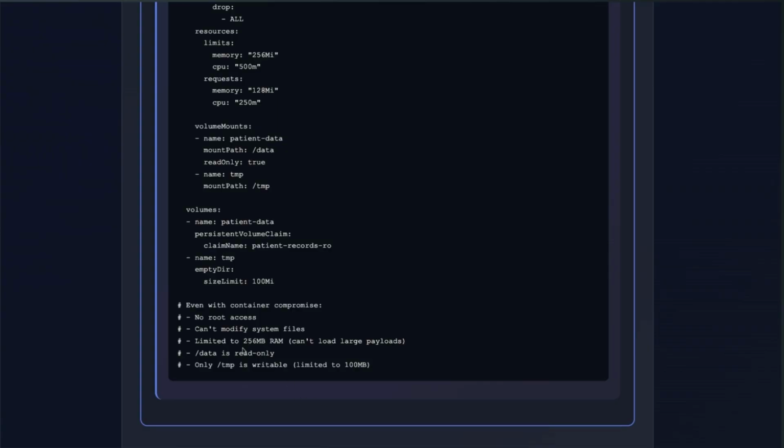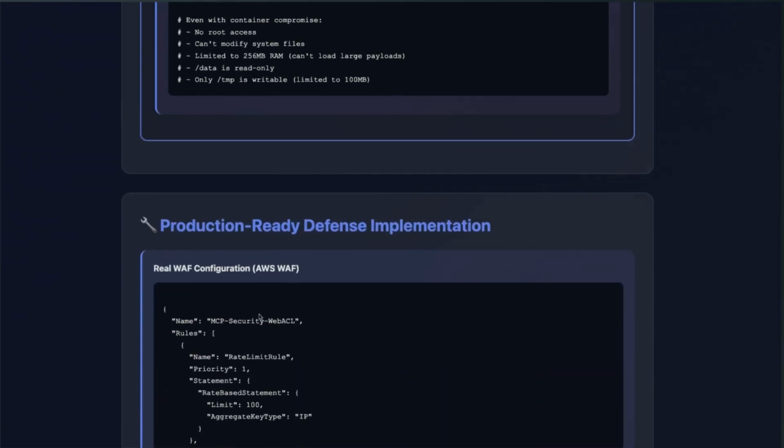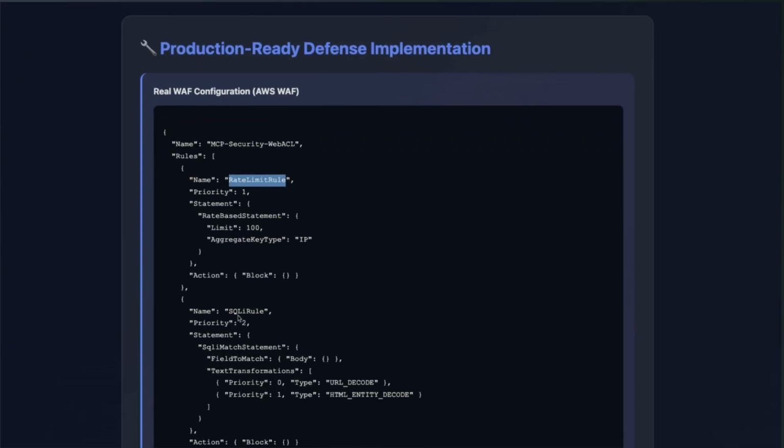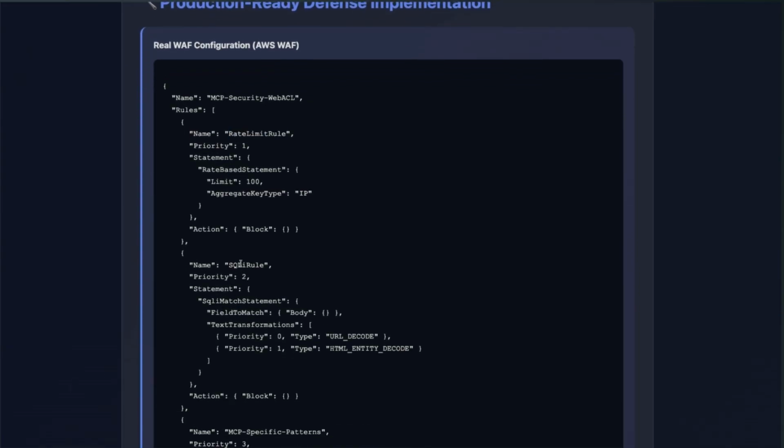It is designed to run only very minimal tasks, and only temp is writable, and that is only up to a certain size, which is 100 MB. And there is a rate limit rule implemented, and there are constraints against SQL.